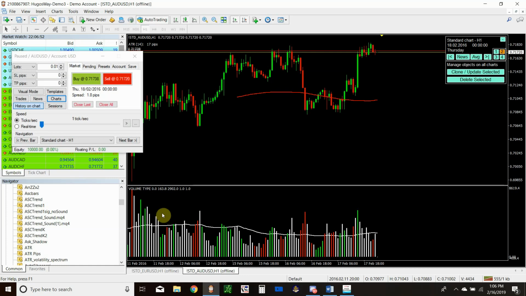So the way this indicator works, you've got the red lines, which means it was mainly sell volume. You've got the green lines, which means it's mainly buy volume. And then you've got these white lines, which mean neutral volume, equal buy and sell.